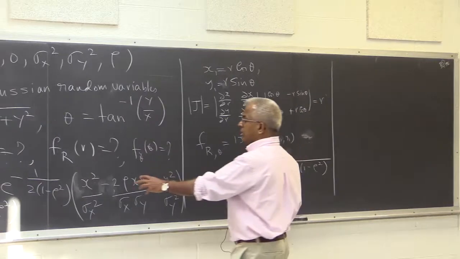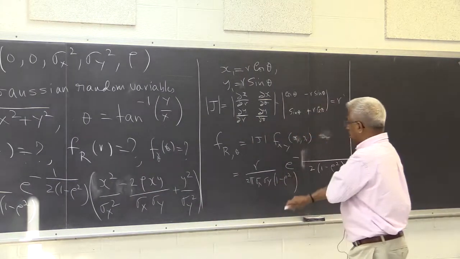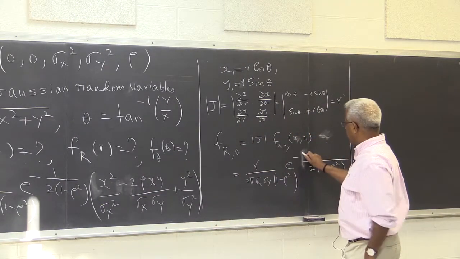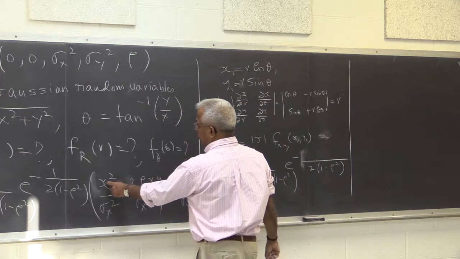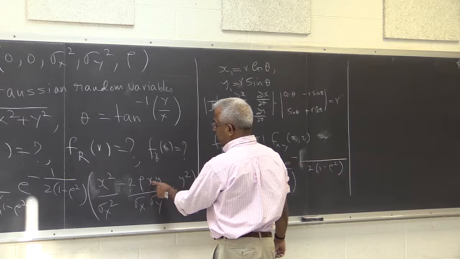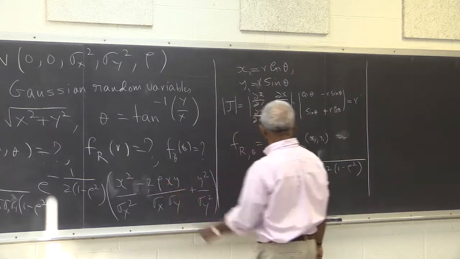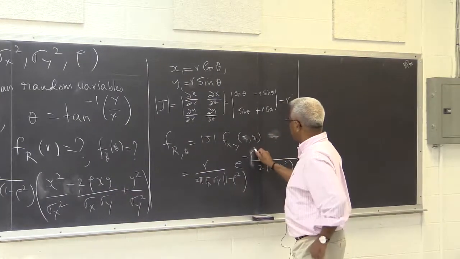In the numerator, r squared is common because here you have r squared cos squared, r squared sin squared, r cos theta, r sin theta. So we can pull r squared outside.